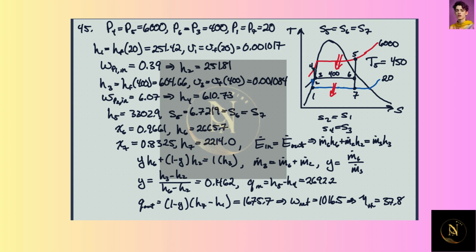Now, we know that the energy flow in must be the energy flow out. And here we're looking at the 6, 2, and 3, so this is the junction right here.